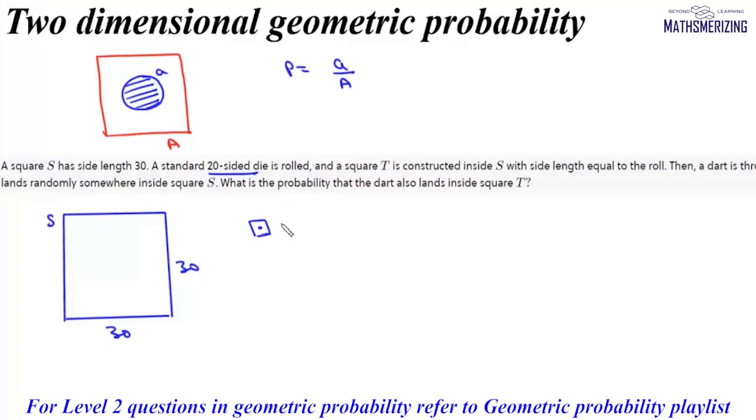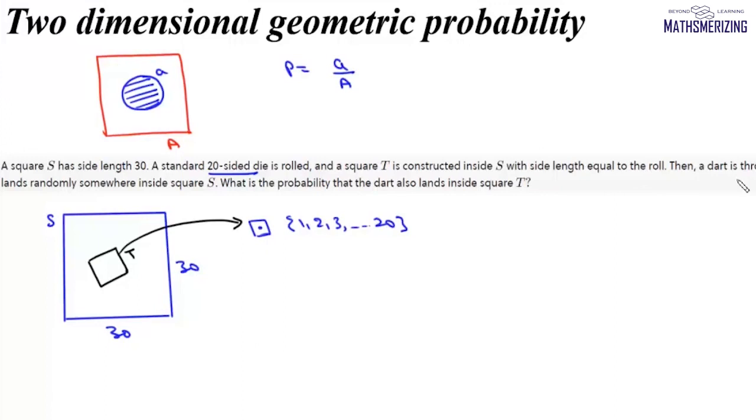So we have this die which has 20 faces, so outcomes will be 1, 2, 3 up to 20. A square T is constructed inside S with side length equal to the roll. So within this square, we have another square T whose side length corresponds to the number on this die.